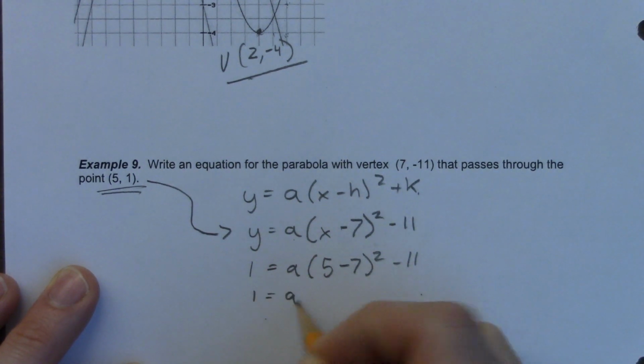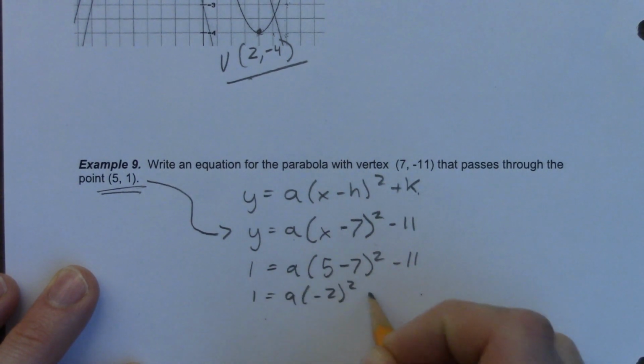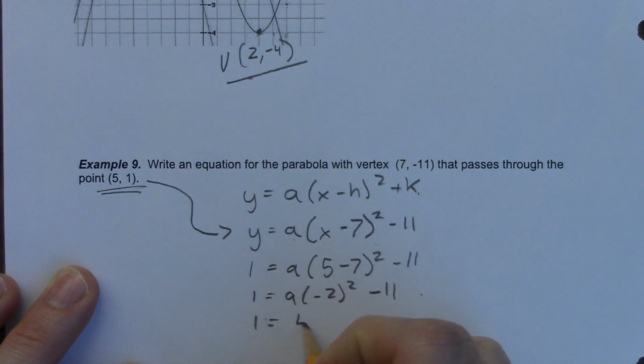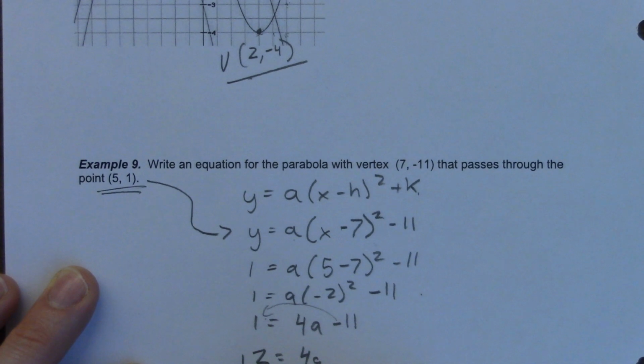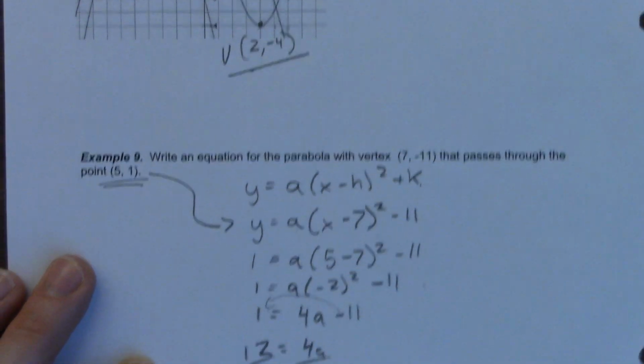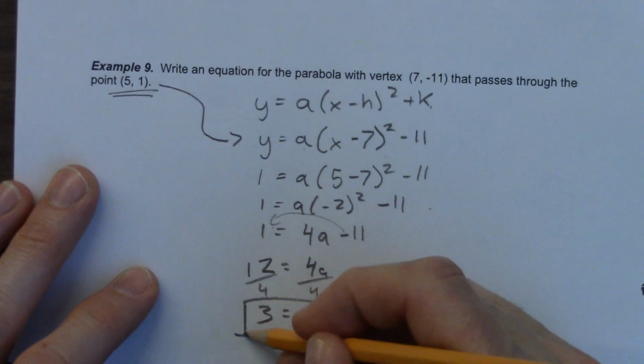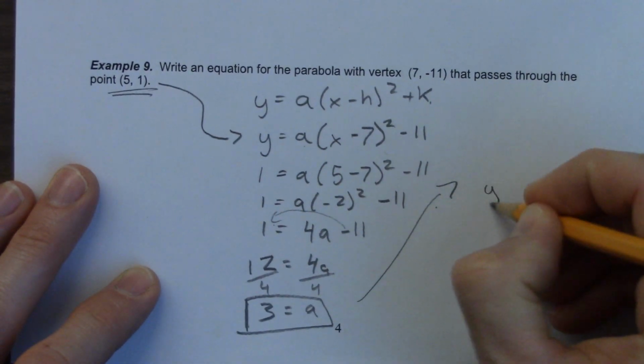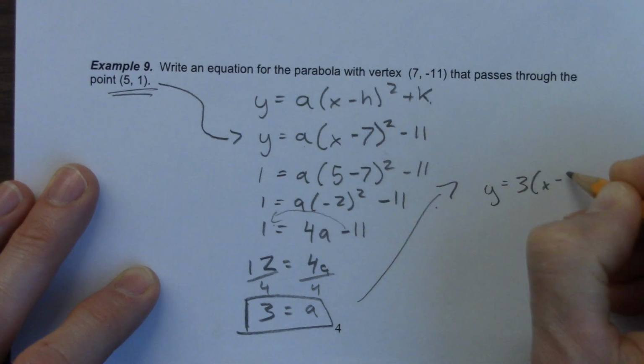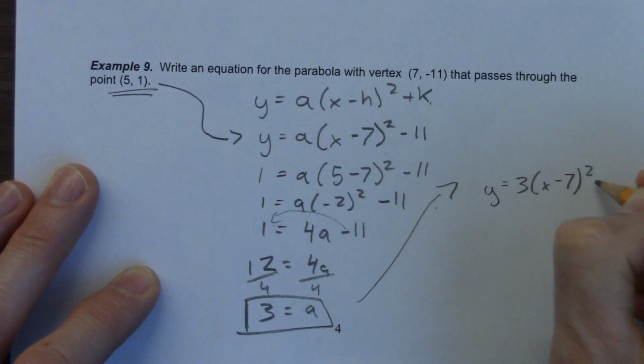So now we get 1. Okay, we get A is 3, so therefore we know our formula is this.